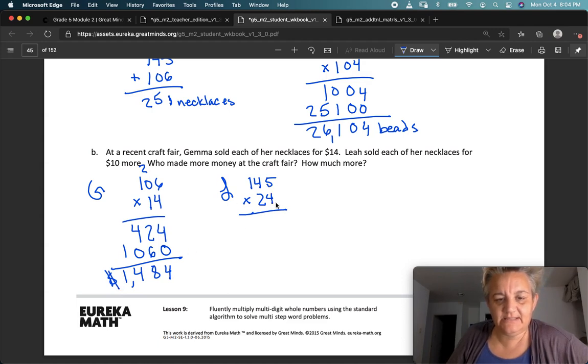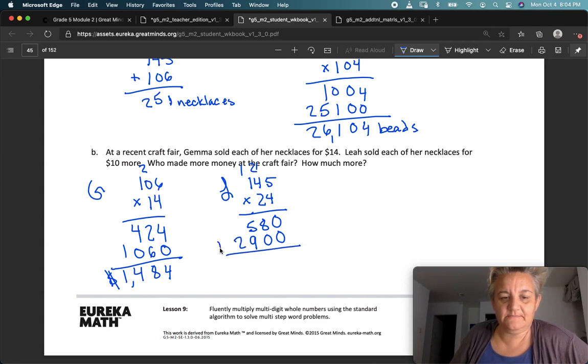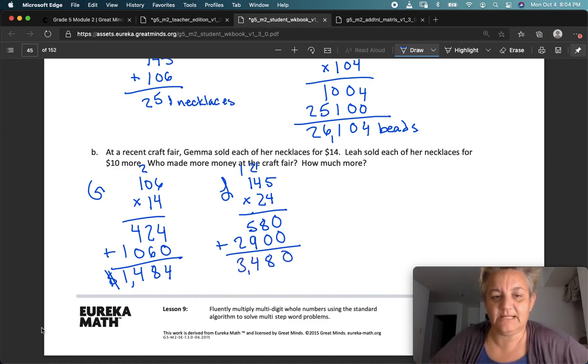And Leah, 4 times 5 is 20, carry the 2. 4 times 4 is 16, 17, 18, carry the 1, 5, then 10, here 8, 9, and 2. Then add 0, 8, 14, 3. Okay, ooh, lots more.